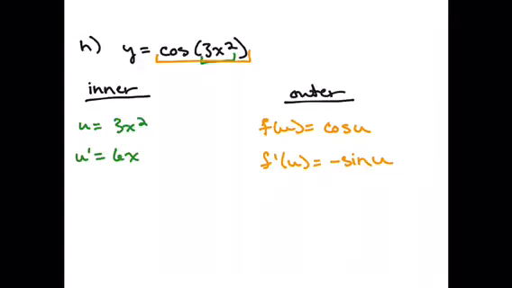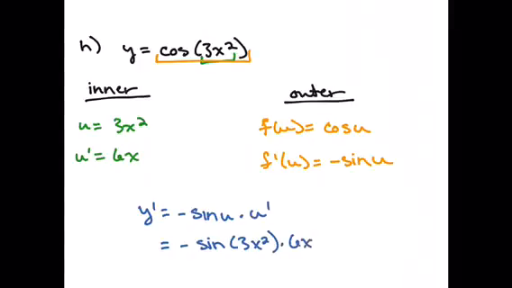So for our function, we get negative sine u times u prime, which is negative sine of 3x squared times 6x. And if we move our coefficients out front, we'll write that as negative 6x times sine of 3x squared.